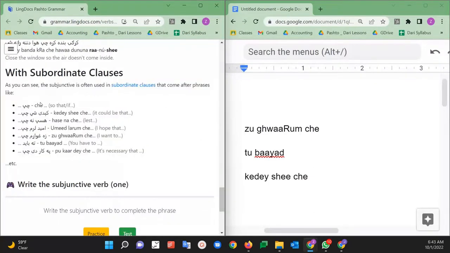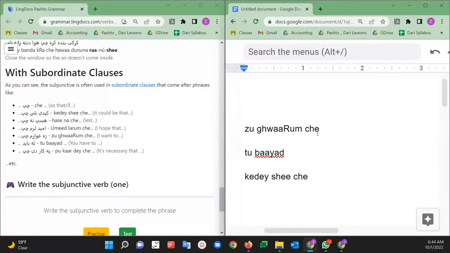Basically, anytime you see this word che, like kideshi che, hasena che, umedbaram che, zagwaram che, pakar de che, if the first part of the sentence has a phrase and then che comes, most likely in the second part of the sentence you'll also use the subjunctive, a lot of the time with the common phrases you use. Now that's not always the case, especially as you get more complex, but it's kind of a cheat rule for now.